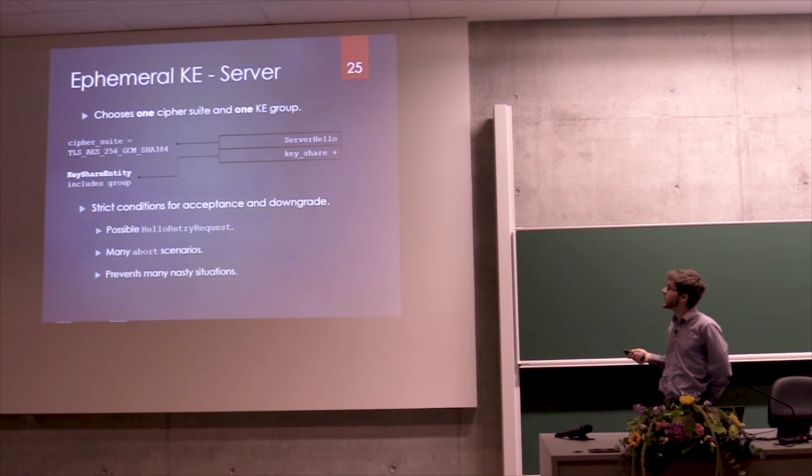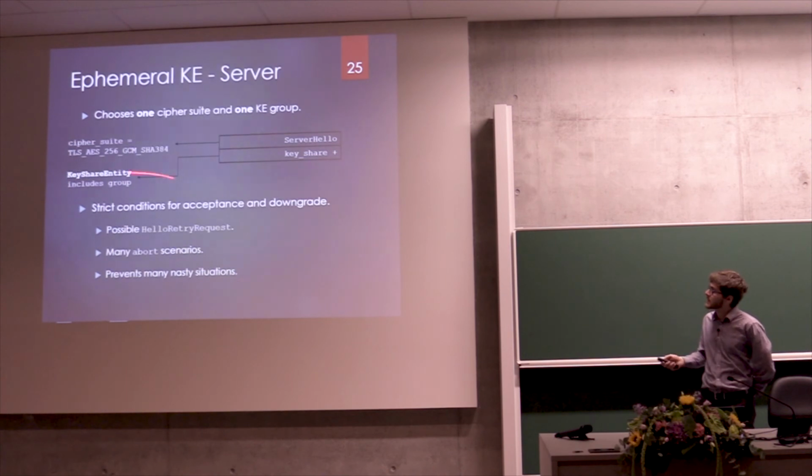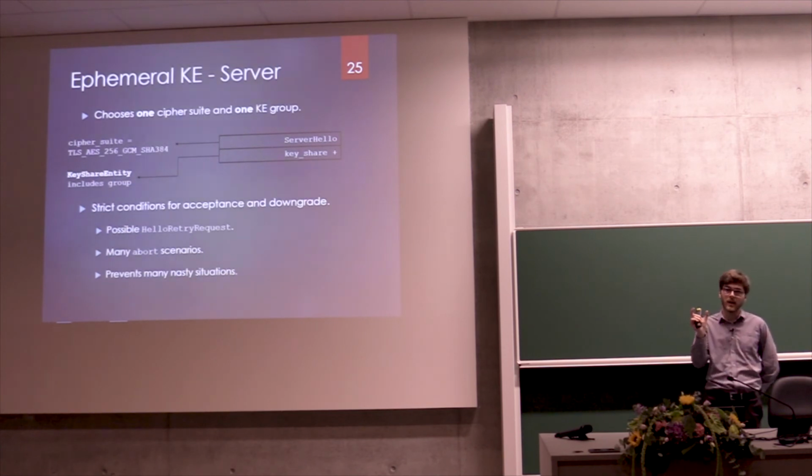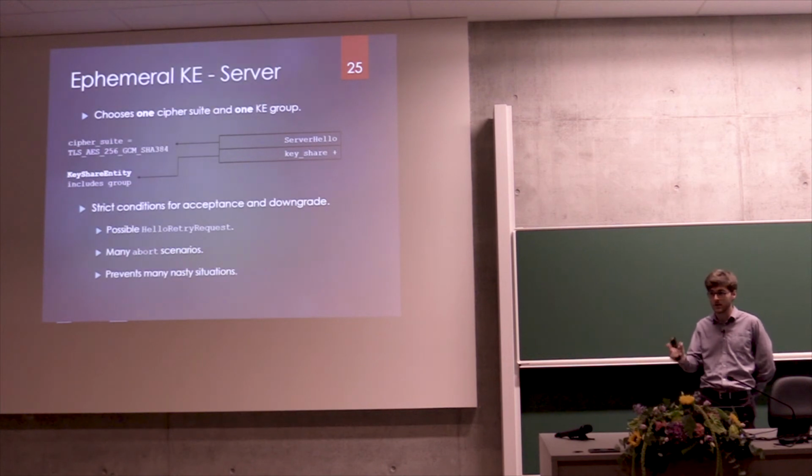And for downgrade, actually, there's also something quite clever. The server hello message is supposed to include a random nonce because you need a unique random identifier. And if a 1.3 server is asked to do a 1.2 connection, they will include a fixed arbitrary value within the last bytes of that nonce.